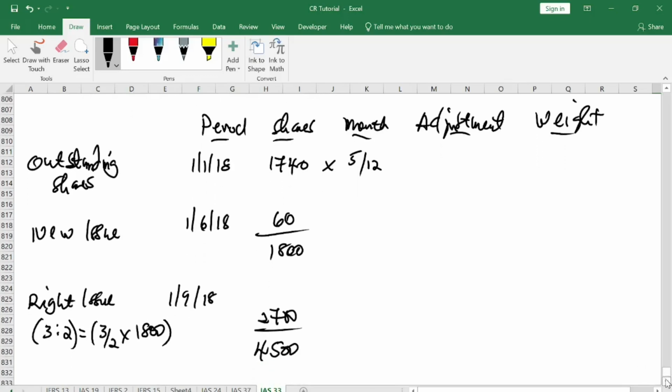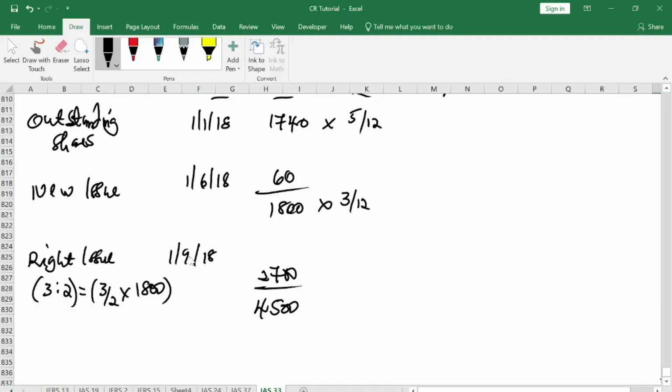From June to September 1st, June, July, August, that means it's 3 months, so 3 over 12. Then the other outstanding is from September to December: September, October, November, December, which is 4 months. So 4 over 12. When you are done, add and see if it will be up to 12 months.